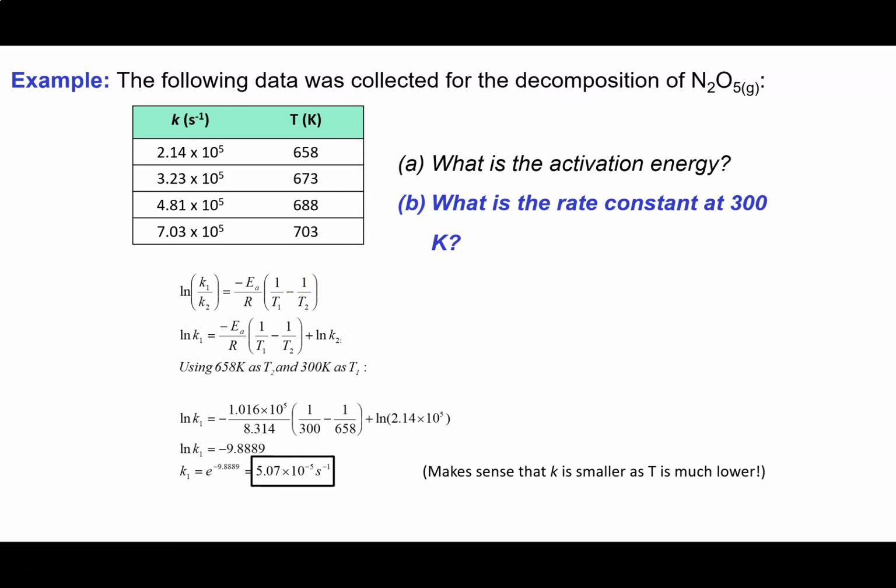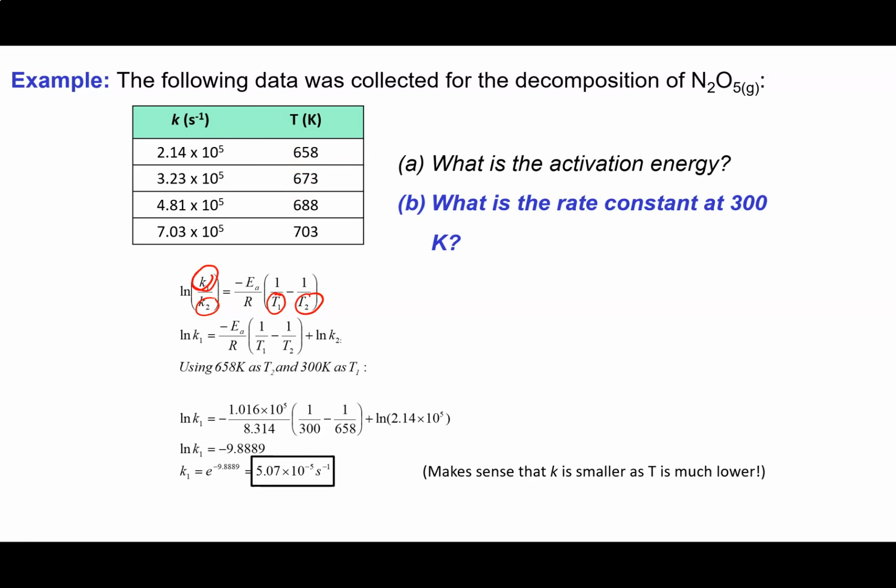I have all the numbers that I need to put in, so I could just use the solver to solve for the K that I'm interested in. I let that be the K that I want to solve for, this would be 300K, and then K2 and T2 would be any one value from that table up there.